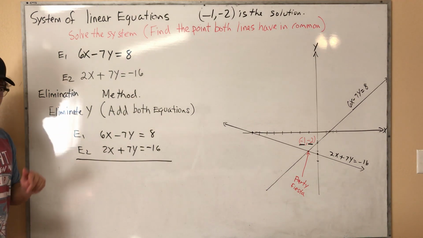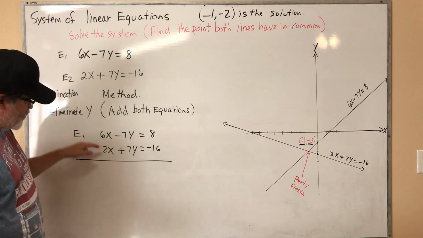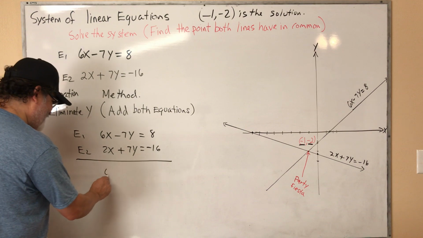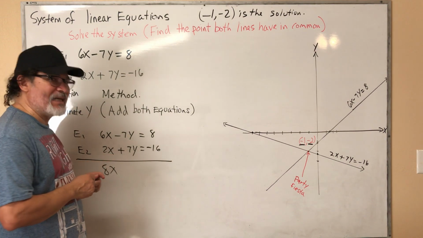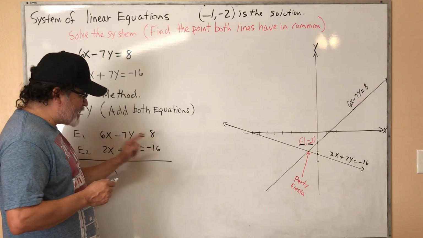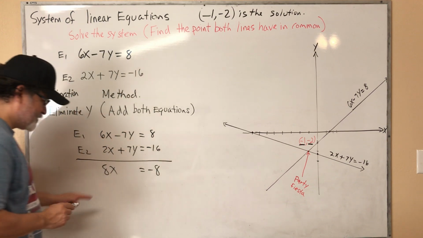This is to eliminate y. Watch. Look how beautiful this is. What's 6x plus 2x? 8x. What's negative 7y plus 7y? 0. What is 8 minus 16? Negative 8. Oh, look at that.